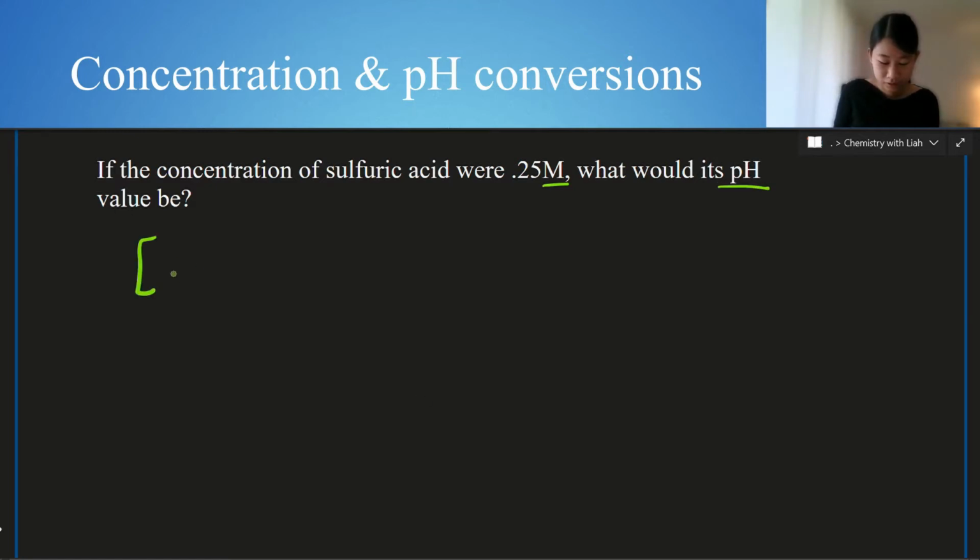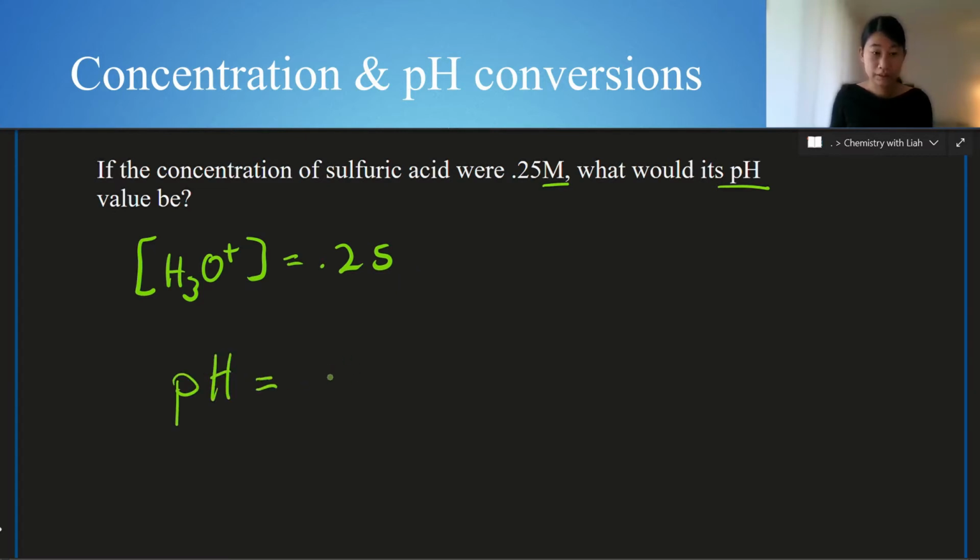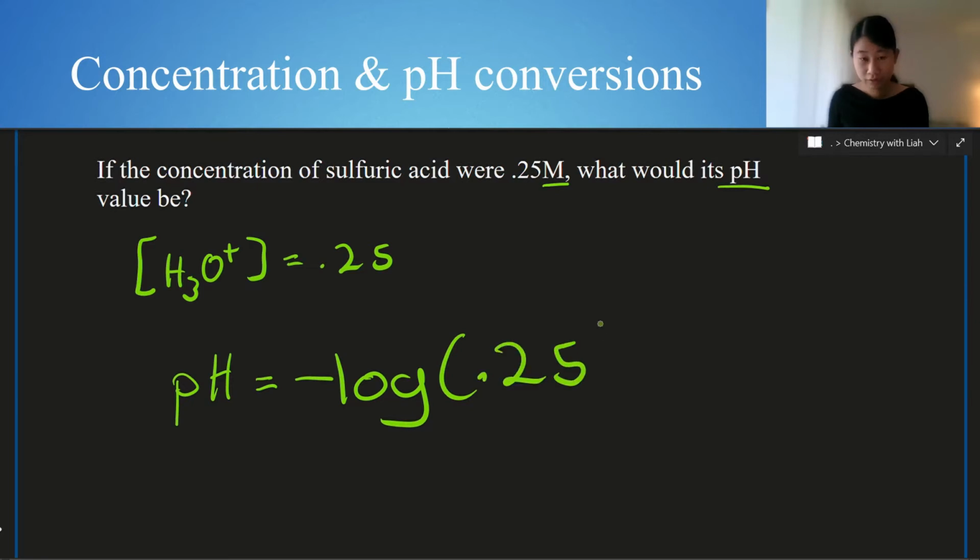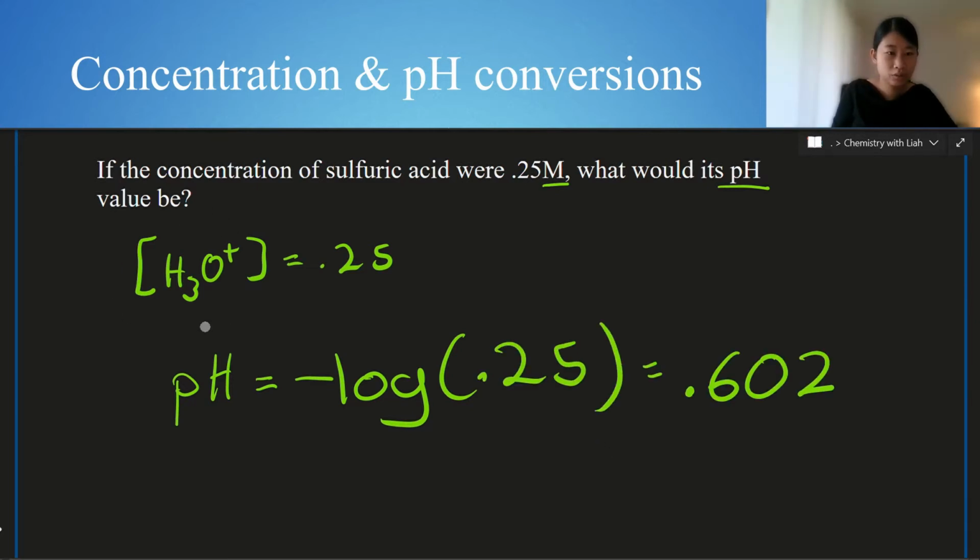So we can say that the concentration of the hydronium ion is equal to 0.25, and we need to find pH, which is going to be equal to the negative log times the concentration, which is 0.25. Now just a quick note, when you see this, the brackets mean concentration, and whatever's inside is the concentration that you're measuring. So in this case, we're measuring the concentration of the hydronium ion, which is a measure of acidity.